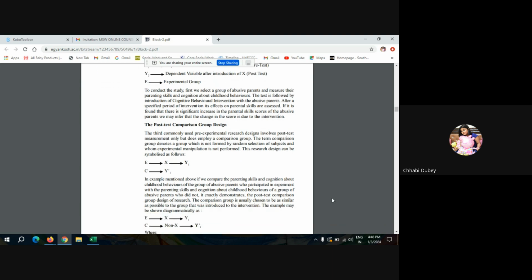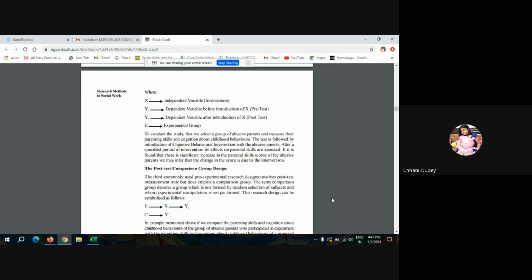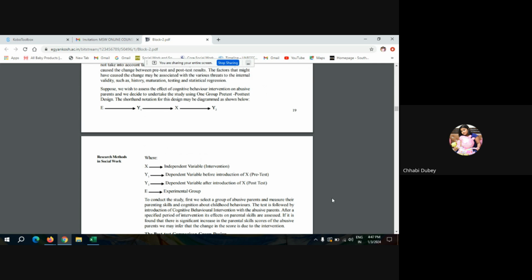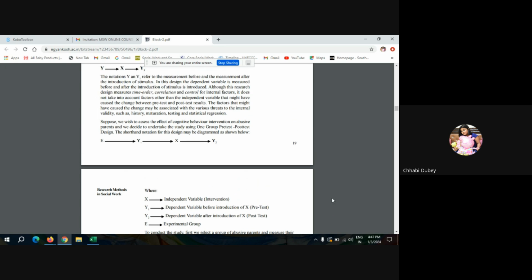Now, in the example that we have mentioned above, they gave an example from previous studies where they were comparing parenting skills and seeing the behavior of children whose parents were either abusive or not abusive.